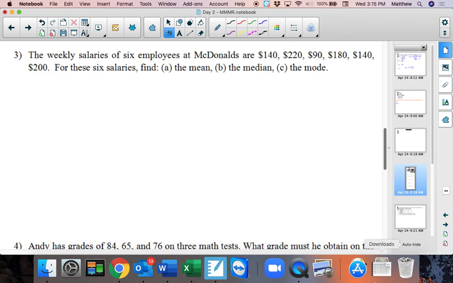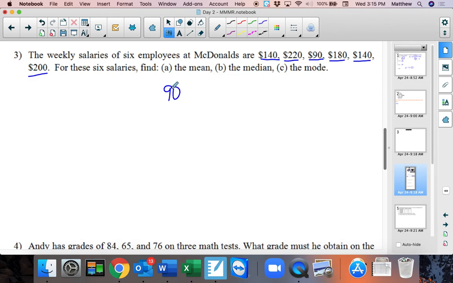The weekly salaries of 6 employees at McDonald's are 140, 220, 90, 180, 140, and 200. So we need to find the mean, median, and mode. So I know once I have to find median and mode, it makes sense to order them. So let's do that right now.